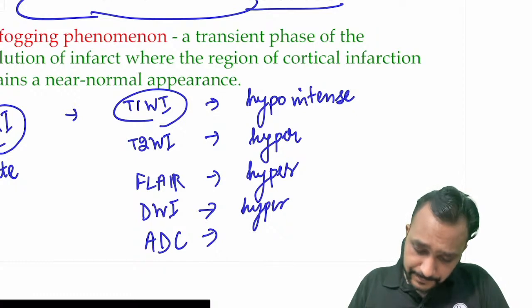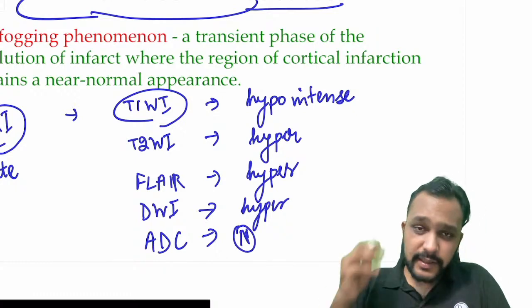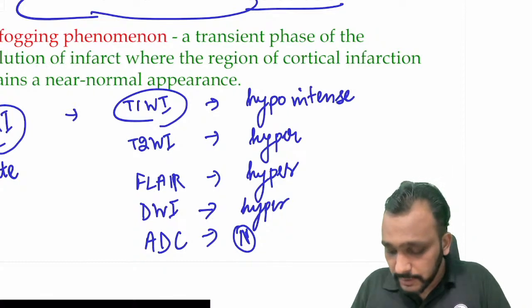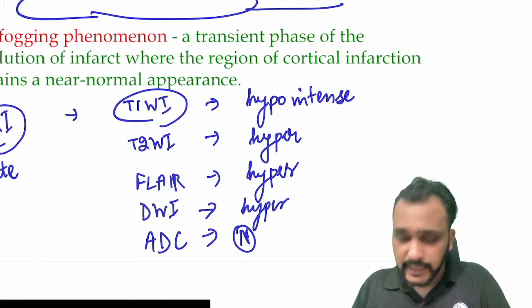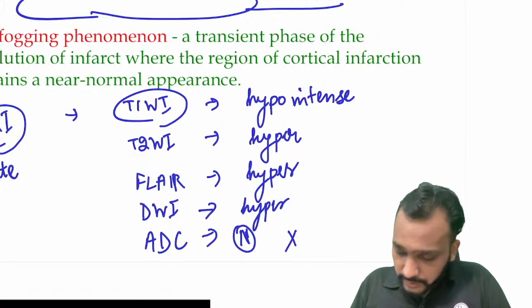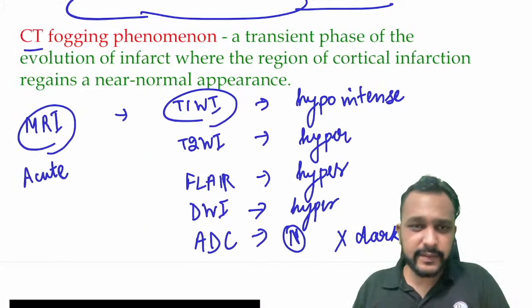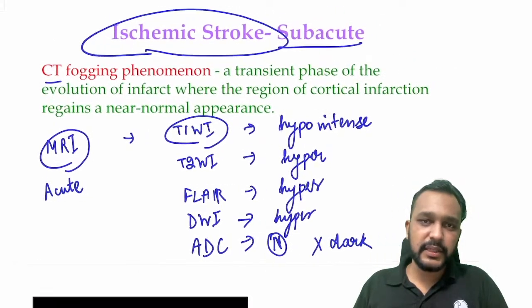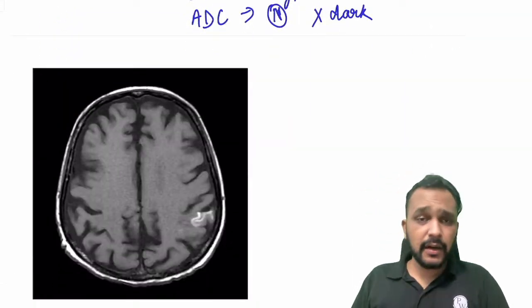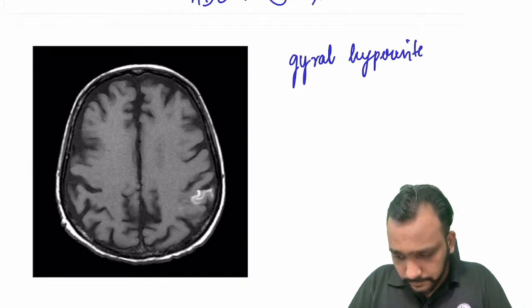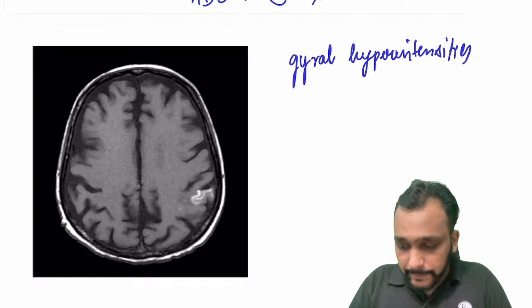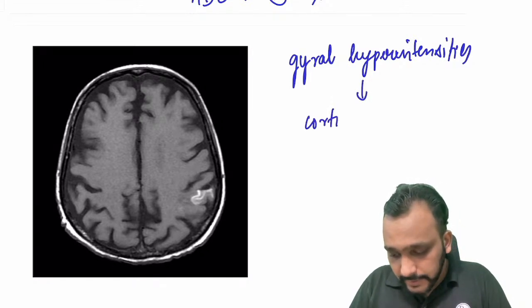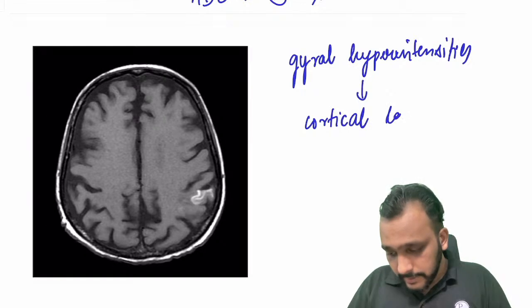But in patients with subacute ischemic stroke, it will have a normal appearance, normal signal intensity. It will not appear dark on the ADC maps, right? This is what we need to know. And also what we can see is that there can be gyral hyperintensities, and these gyral hyperintensities are due to the phenomenon that is known as cortical laminar necrosis.